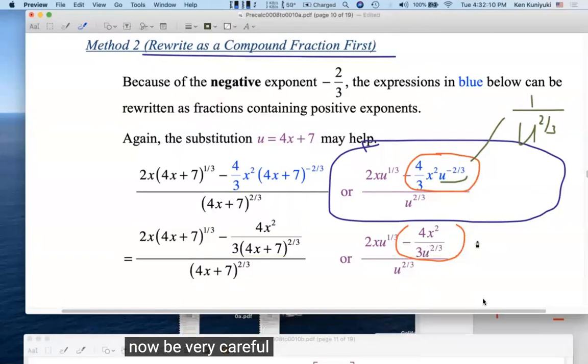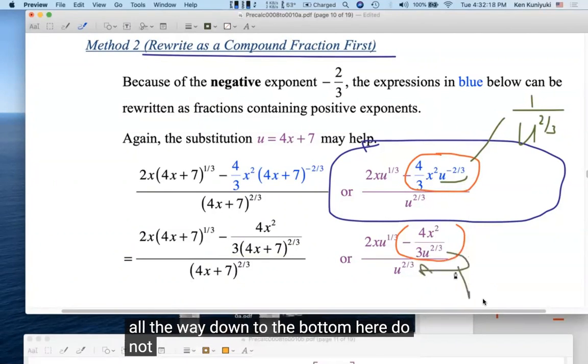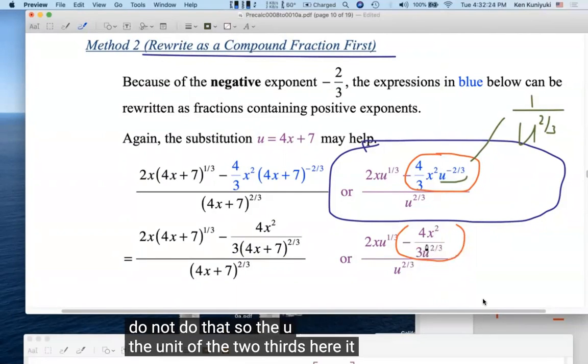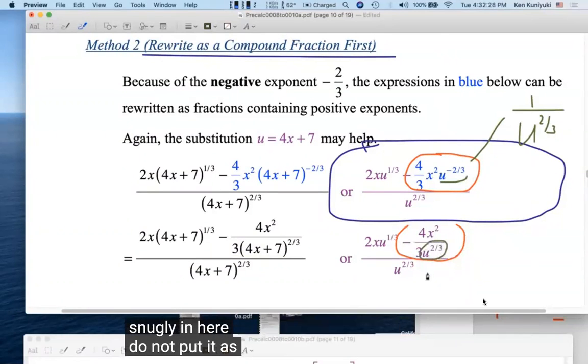Now be very careful. These guys in the bottom here, they do not roll all the way down to the bottom here. Do not do that. So the u to the 2/3 here goes snugly in here. Do not put it as a twin down below.